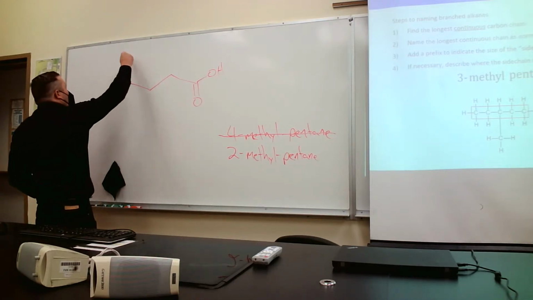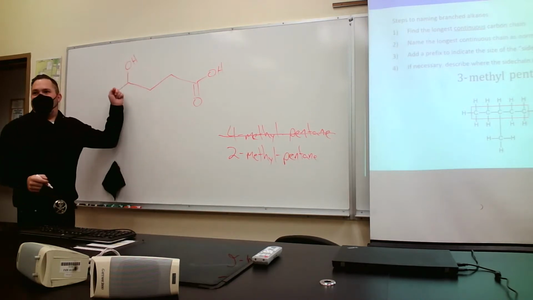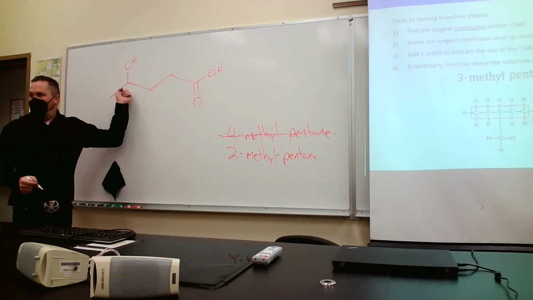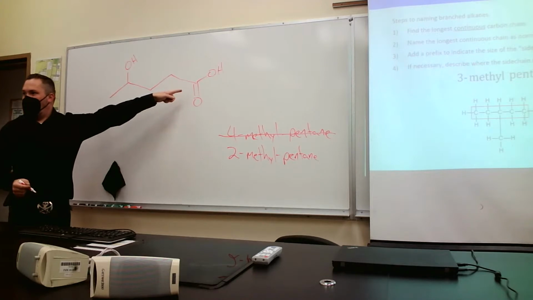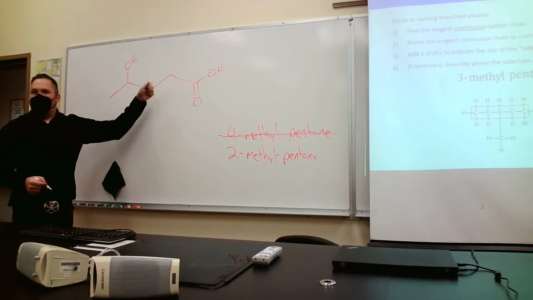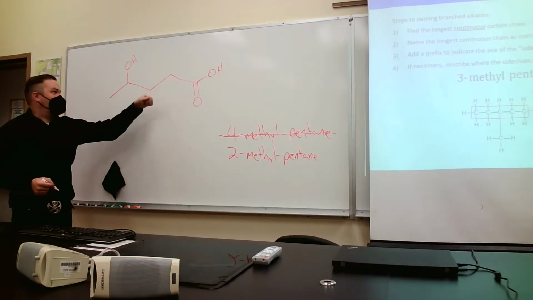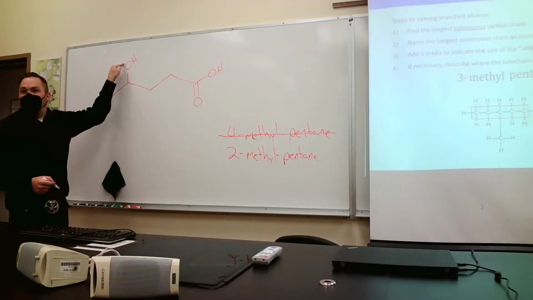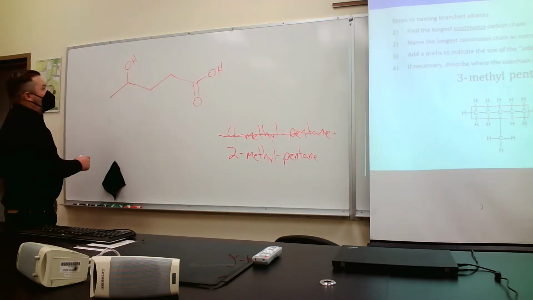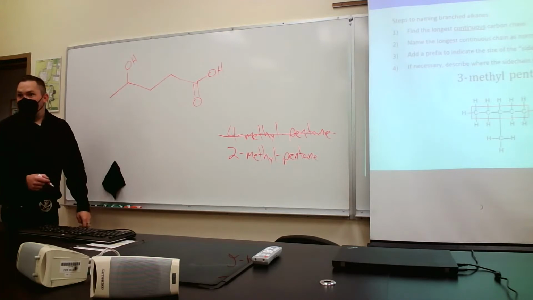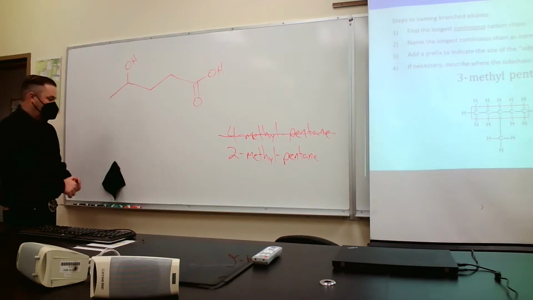If I put an OH over here, I can't name it as an alcohol because the acid is more important, it's a higher priority functional group. So pentanoic acid would still be the base name, and we would name this with a prefix. This is not a -yl prefix. Hydroxy is the prefix. So this one would be 2-hydroxypentanoic acid. So it's not always, but as long as it's an alkane, it will always end in -yl.